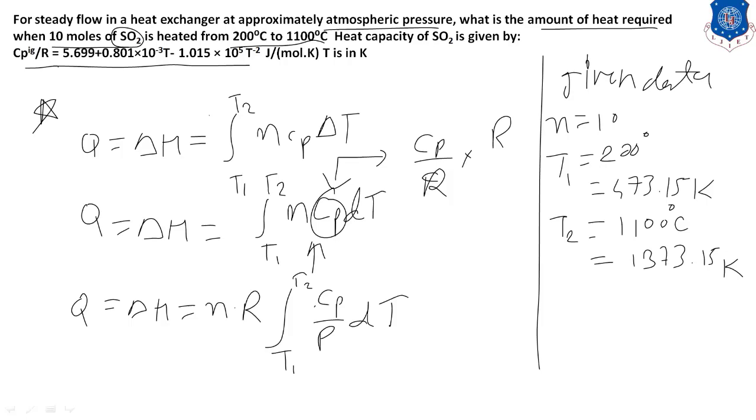Now let's put this value of Cp upon R in this equation. We will get Q is equal to delta H is equal to R into N, integration of T1 T2 Cp upon R dT.